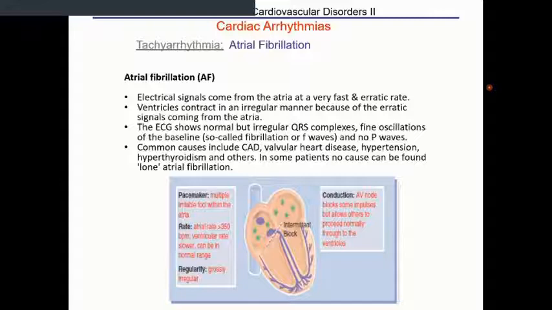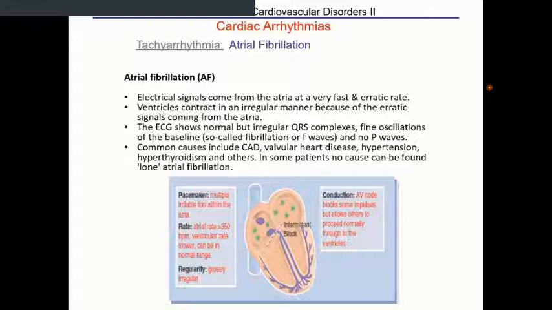The ventricles contract in an irregular manner because of the erratic signals coming from the atria. So the ECG shows normal but irregular QRS complexes. There are fine oscillations of the baseline, so-called fibrillation or F waves, and there are no P waves. Common causes include coronary artery disease, valvular heart disease, hypertension, hyperthyroidism, and in some patients no cause can be found, so it can be idiopathic.